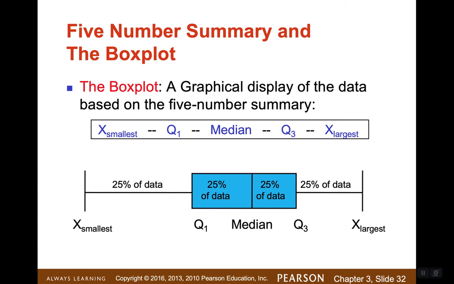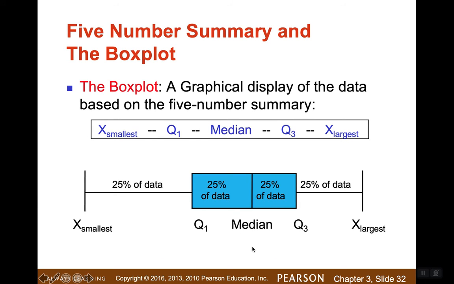And what we do with the 5-number summary is we use it to generate what we call a box plot. It's a graphical display of the data based upon our 5-number summary. As we can see, here's our range, smallest and largest. Here's our 25% of the data, 25% of the data, our Q1 and Q3, with Q2 being the median.